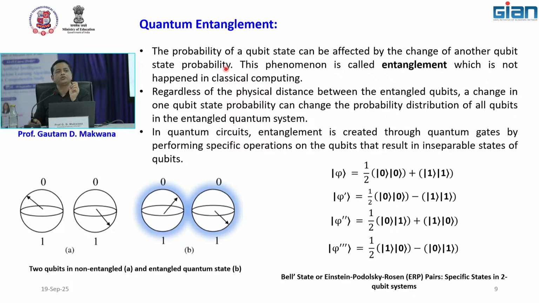Suppose two electrons are very close, in the order of micrometers or less than a micrometer, then there is a dependency of the electron on the nearby electrons in classical physics.